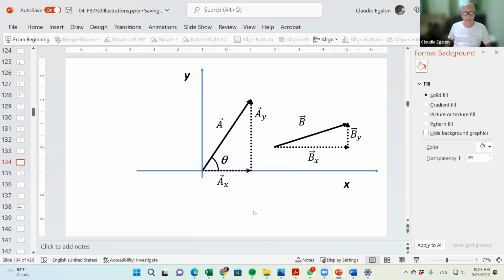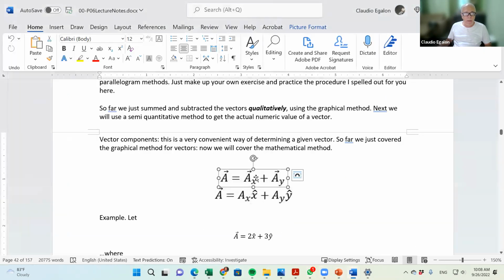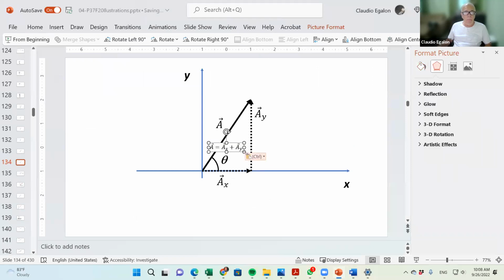Having said that, I can state that this resulting vector A is the sum of the vector that lies in the x direction and the vector that lies in the y direction. Make sense?